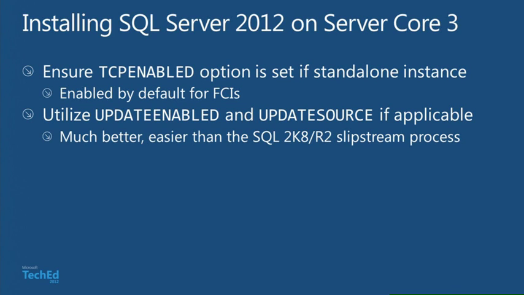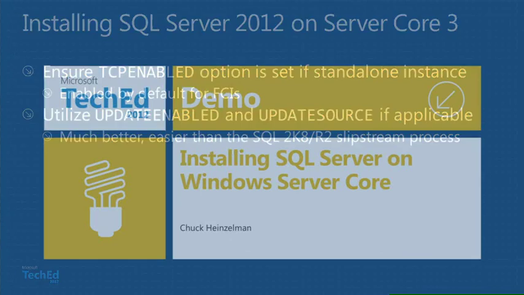We also have two new update options. These are kind of a replacement for the slipstreaming functionality that we had in the past. With these you can specify that you have an update download, like a CU, that you want to include in the install through these command line switches. And those work with the regular installer as well.